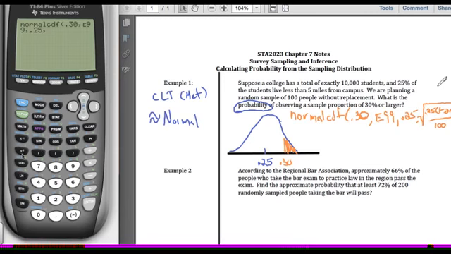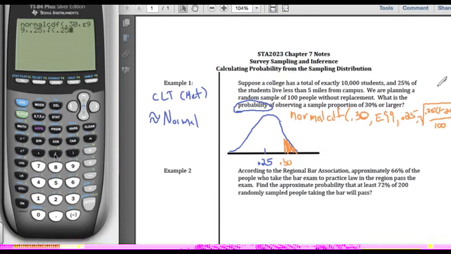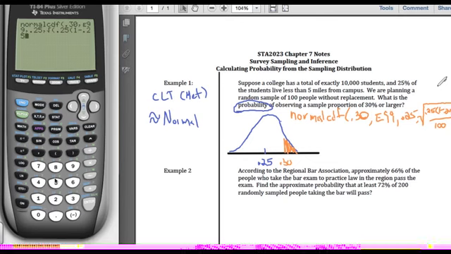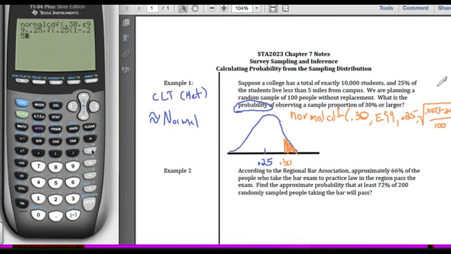So second x squared to grab that square root, 0.25, parentheses 1 minus 0.25. Close those up and then divide by the sample size of 100.